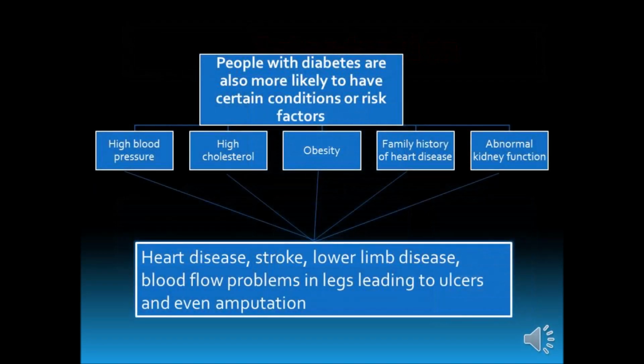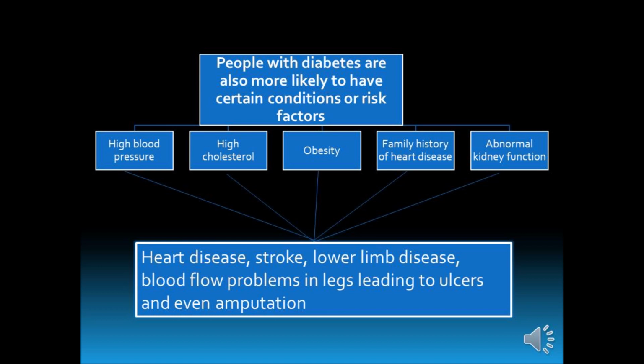So now we all know that diabetes and hyperglycemia are risk factors for heart disease, stroke, and lower limb disease. But having said that, people with diabetes are also more likely to have certain other conditions or risk factors like high blood pressure, high cholesterol, obesity, and abnormal kidney functions. They can also have a family history of heart disease as well.